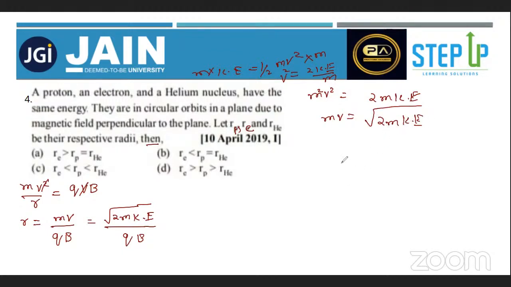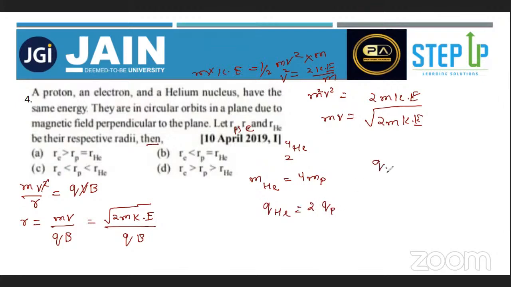Now after substituting this, if I'm writing it for alpha particle and beta particle, I know that helium is written as 2 and 4. So the mass of helium is 4 times the mass of a proton, because the mass number is 1 for a proton. And the charge on helium will be 2 times the charge q that a proton or electron has.